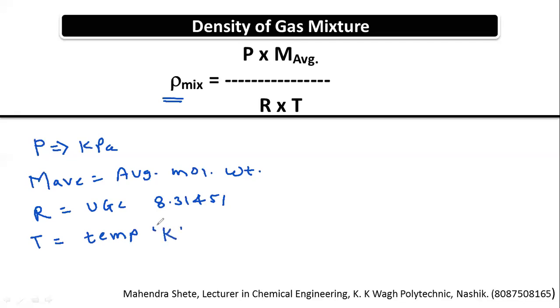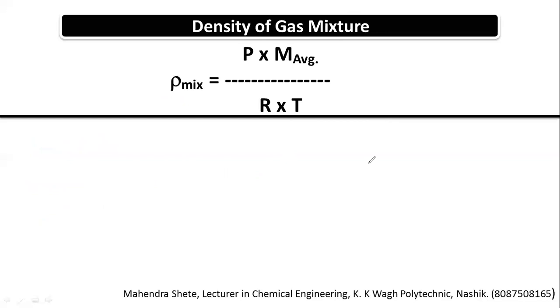So for calculation of density of gaseous mixture, we have to first calculate the average molecular weight of the gas mixture, and the formula for calculating the M average, that is average molecular weight, is summation of xi mi, where i is equal to 1 to n.